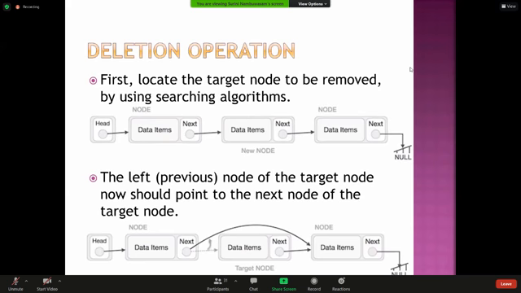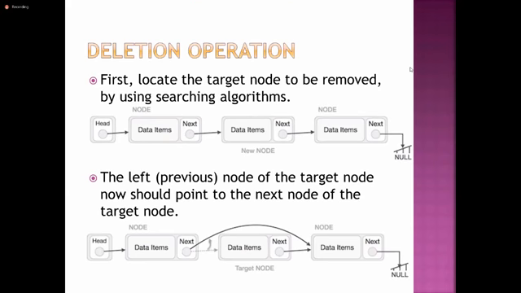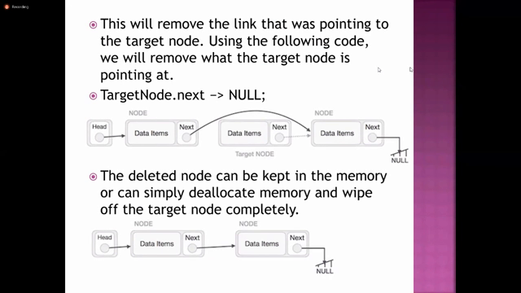Then the next operation is deletion. First locate the target node to be removed using a search algorithm. Then the left node, which is the previous node of the target node, should point to the next node of the target node. This will remove the link that was pointed to the target node.